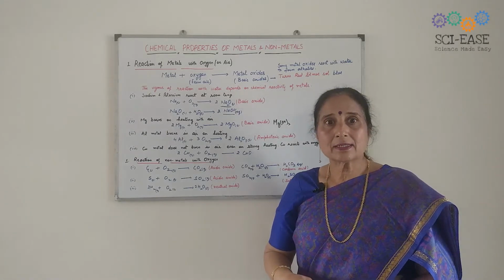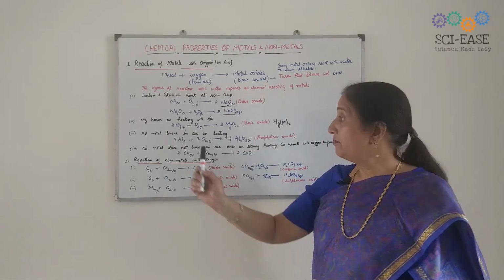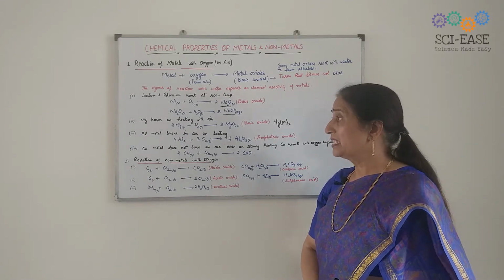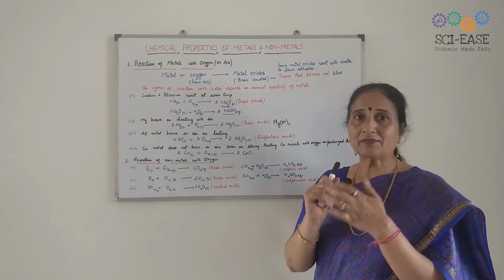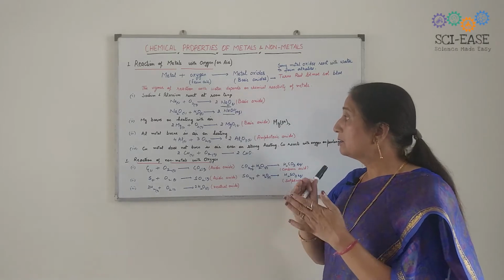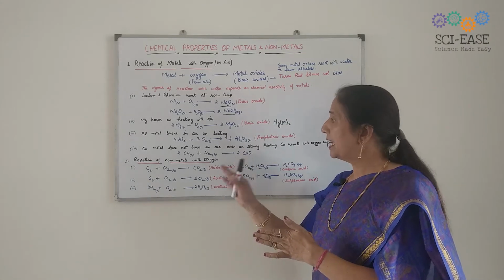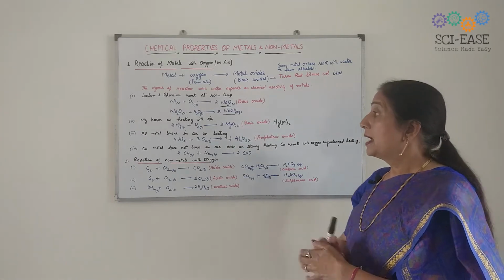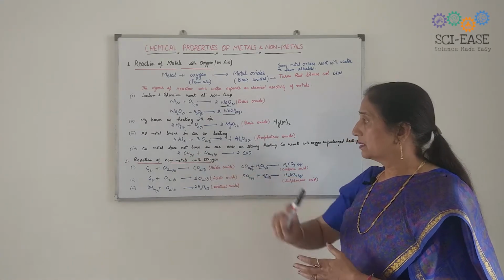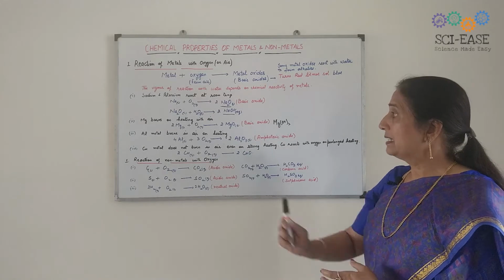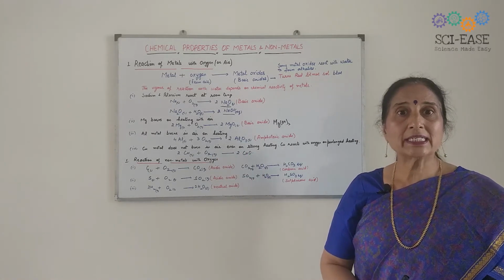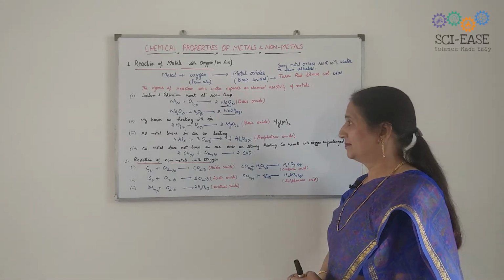Now next, I will take the case of aluminium. Aluminium metal is less reactive than magnesium and it burns in air, again on heating. Aluminium reacts with O2 and results in the formation of aluminium oxide, Al2O3.